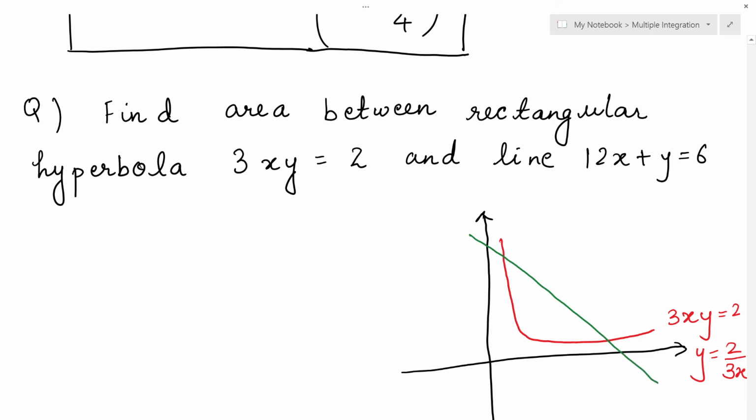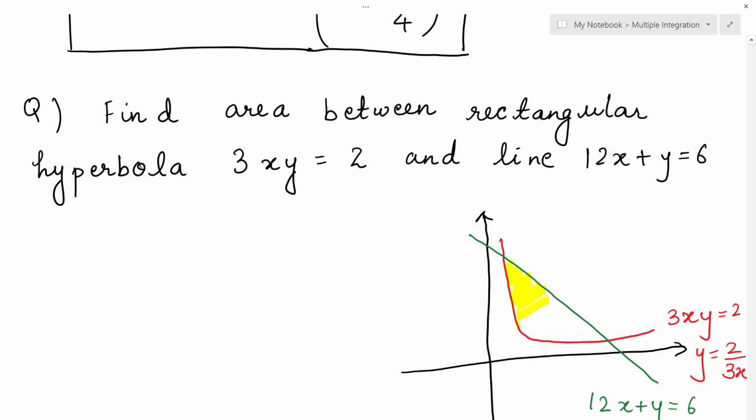So this line is 12x plus y is equal to 6, that is nothing but y is equal to 6 minus 12x. So my area of intersection is clear from this.